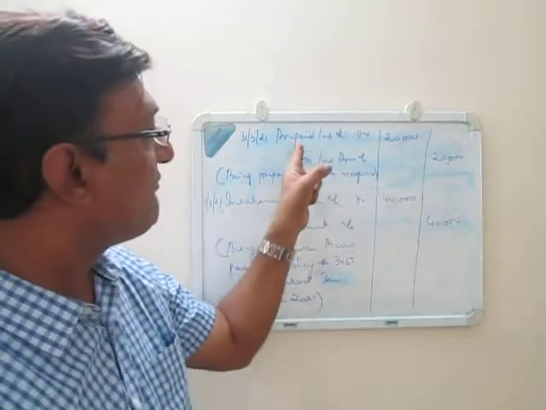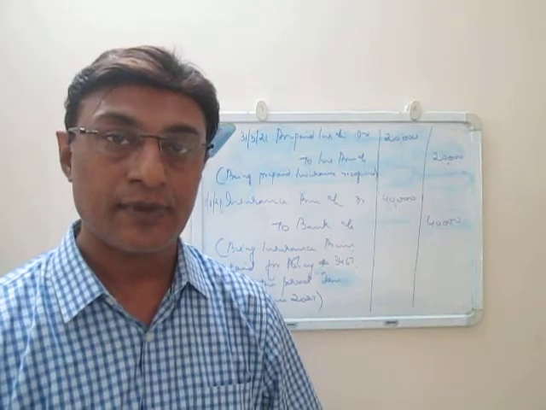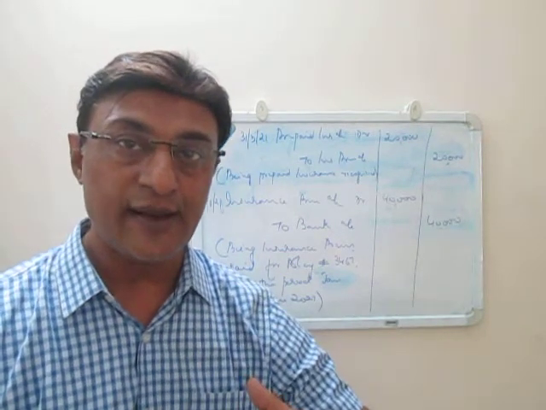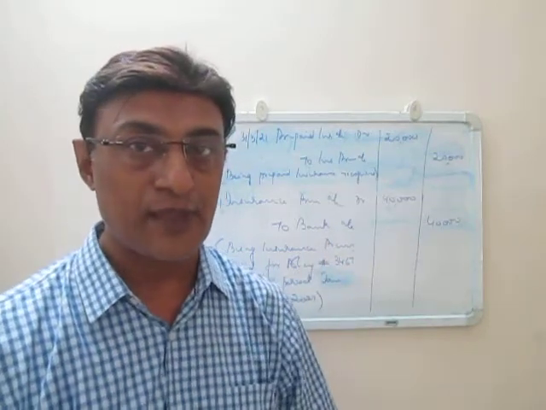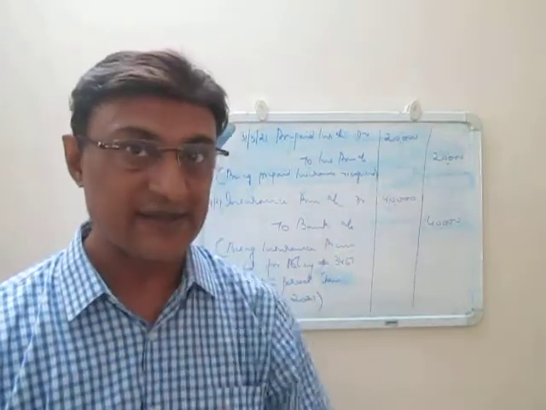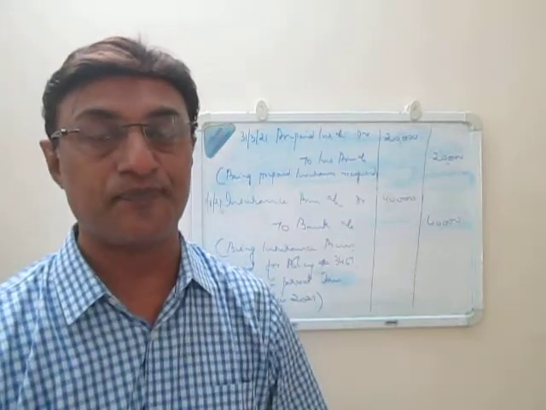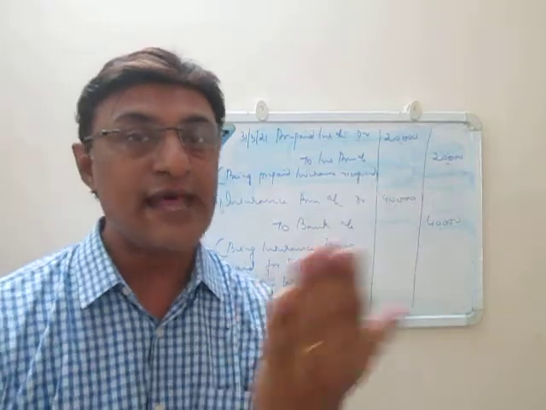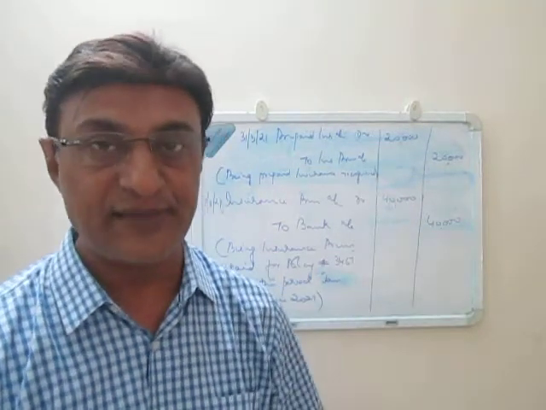There, this will have to be reversed. What will you do there? Insurance premium account debtor to bank account to prepaid insurance account. So that gets balanced or counterbalanced. That gets reversed.